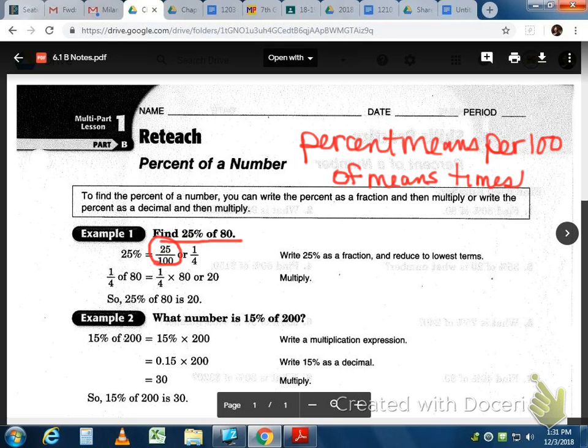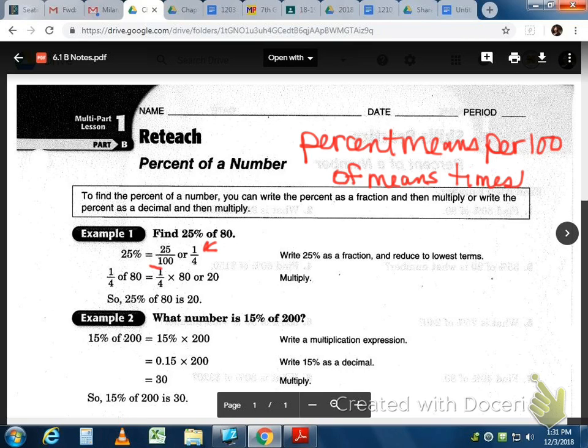That's what 25% is. If 25% of a group of people had blue eyes, that means 25 out of that 100 people had blue eyes. That's what percent means. On that particular one, 25 out of 100 reduces to a fourth. And it works out really nicely with 25% of 80 that you could do a fourth of 80, that's 20. And that's why they went that route.